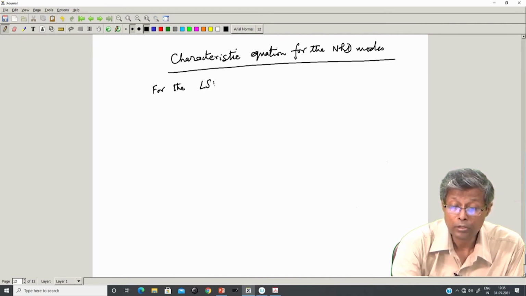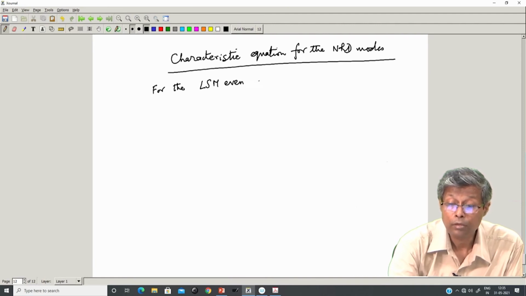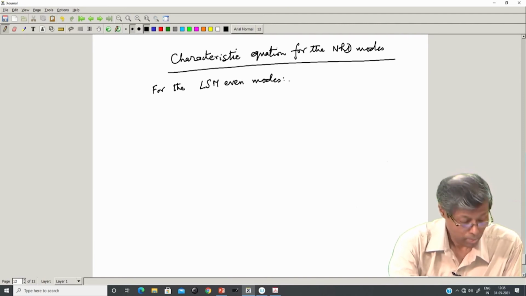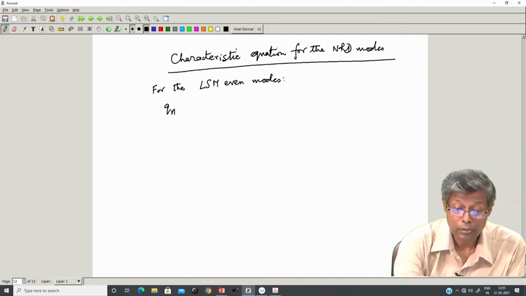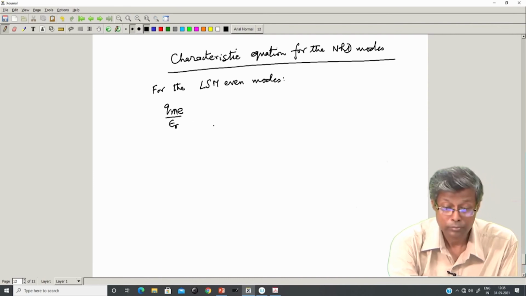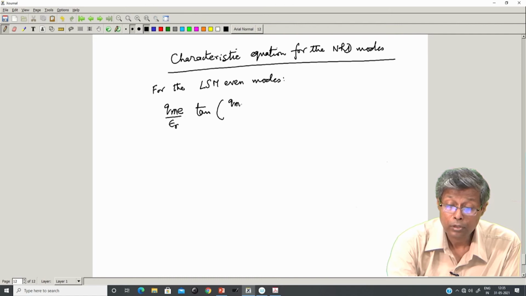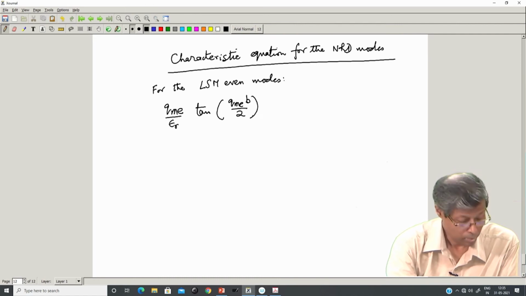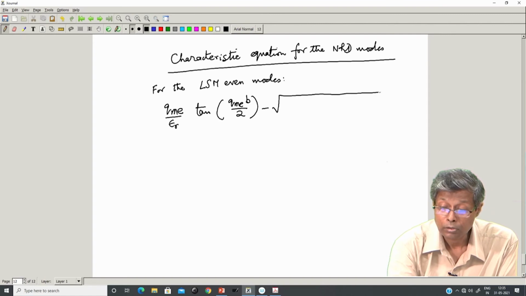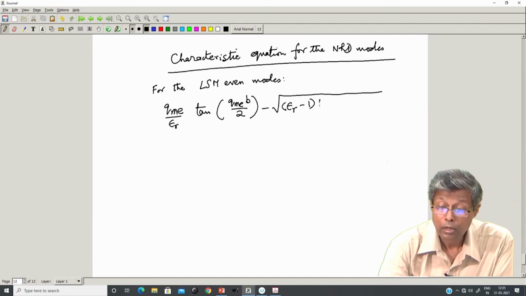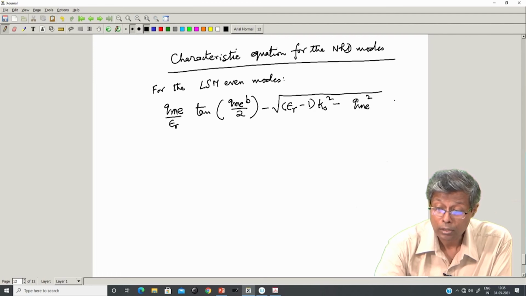So, for the LSM even modes, we will get q_me by epsilon r tan(q_me b by 2) minus root of (epsilon r minus 1) k naught square minus q_me square equal to 0.